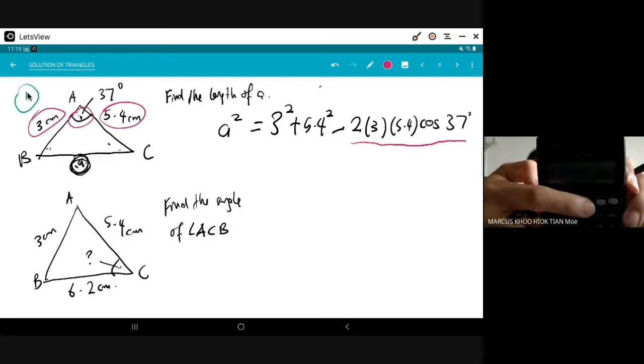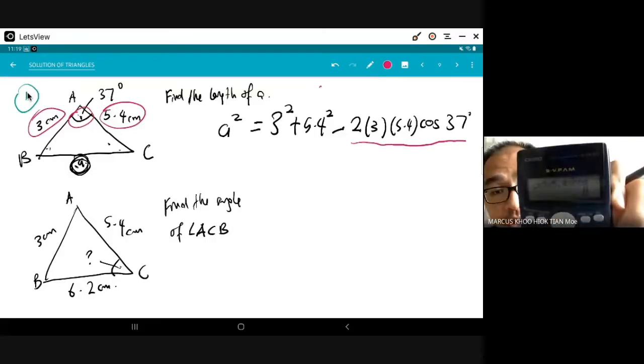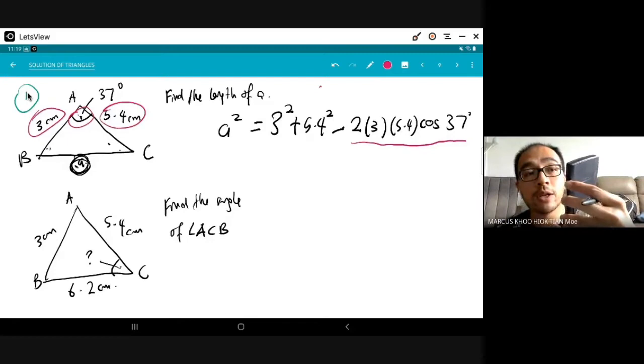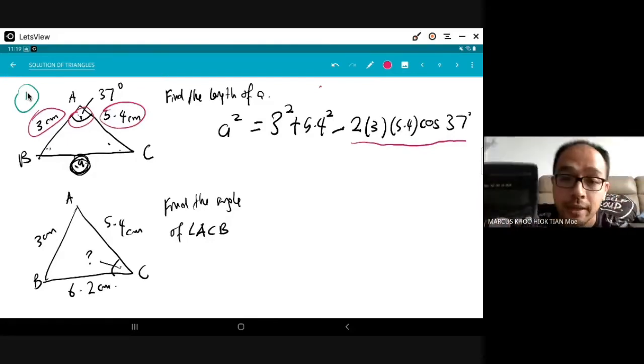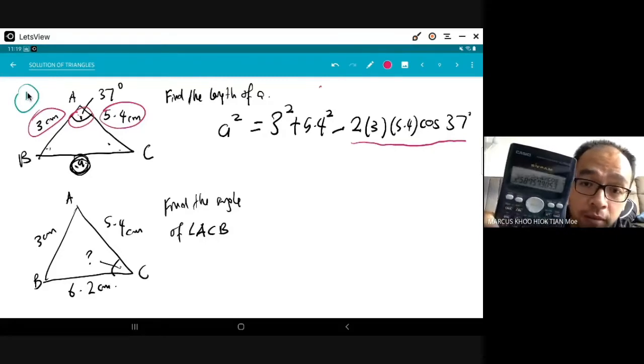Then you press equals. So you get this very long number.